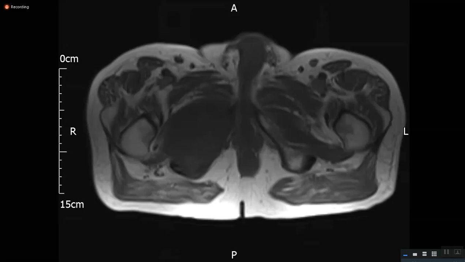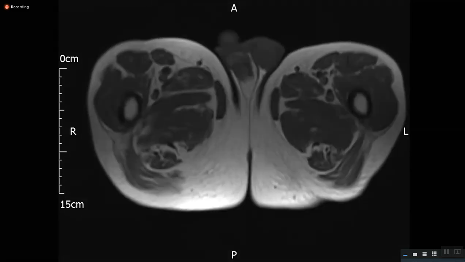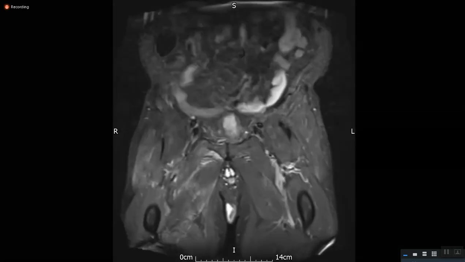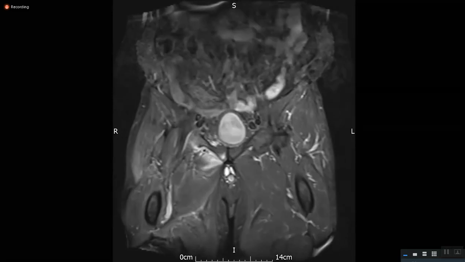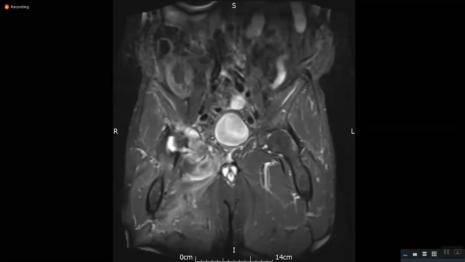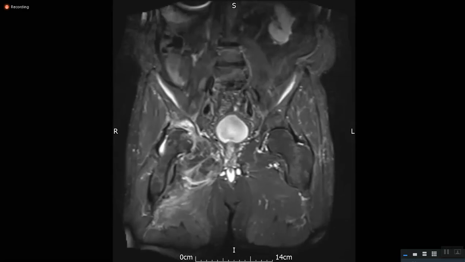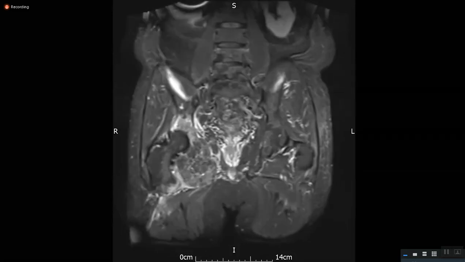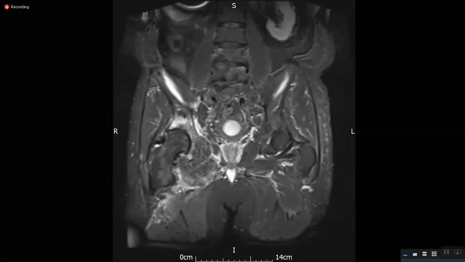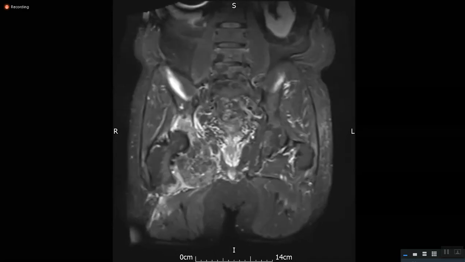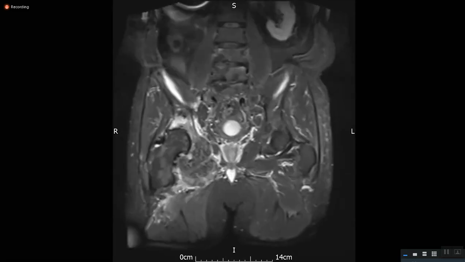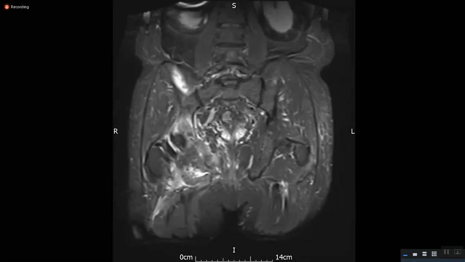You have got more sequences. Okay. So now this is fluid sensitive, fat suppressed, and the lesion that I was describing is of heterogeneous intensity with hyperintense septa and marrow edema in the surrounding bone, but it's completely replacing it.